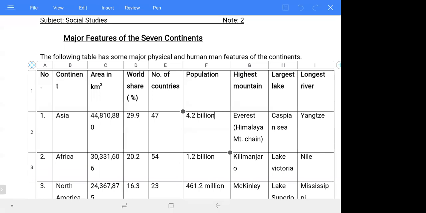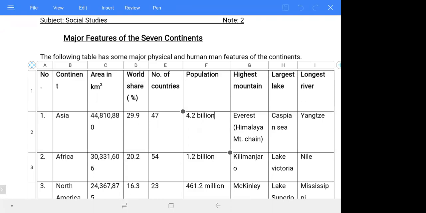When I say number of countries in each of the continents, the countries listed in this table are countries which have recognition under the UN. The UN is the United Nations organization that gives recognition.